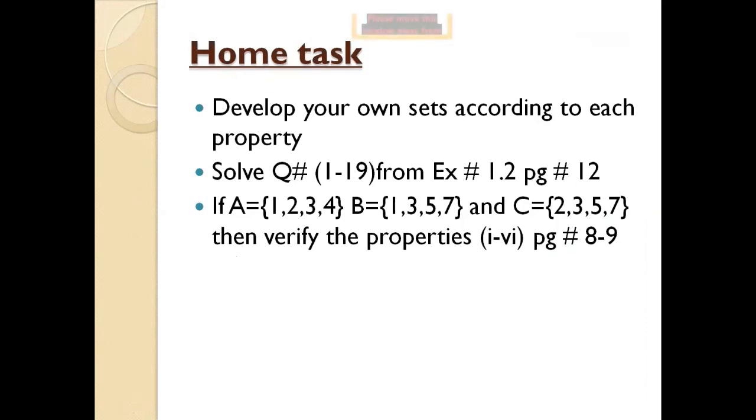Okay. And the last home task is, note down these sets. If A is equal to {1, 2, 3, 4}, B is equal to {1, 3, 5}, and C is equal to {2, 3, 5, 7}, then verify all 6 properties which we have discussed in detail in today's session: commutative property of union, commutative property of intersection, associative property of union, associative property of intersection, distributive property of union over intersection, and distributive property of intersection over union.